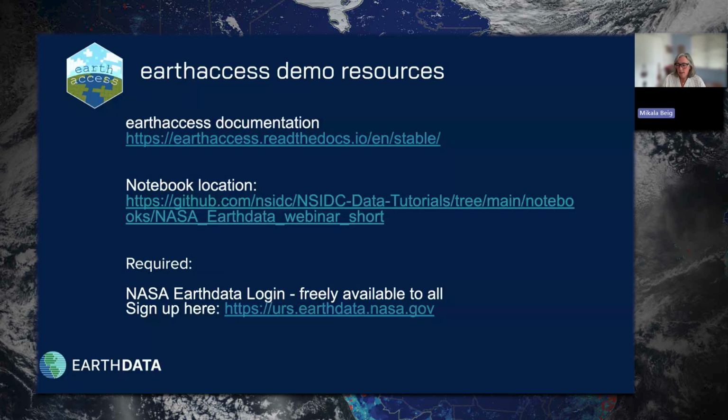You can find a copy of the demo notebook that I'll be working in at this GitHub location here. And then just note, in order to access any NASA Earth data, you need to sign up for a NASA Earthdata Login account. That's freely available to anyone, and you can sign up at the link there at the bottom of this slide.